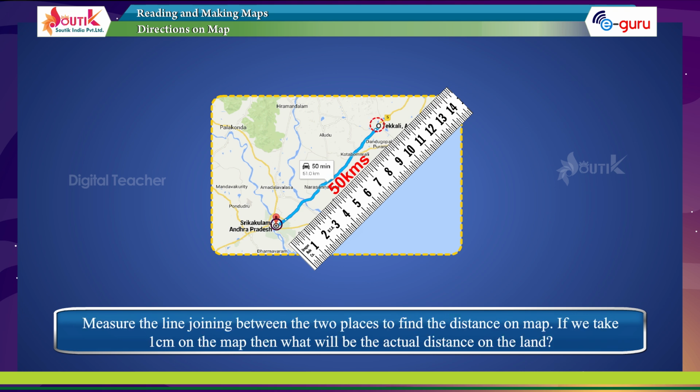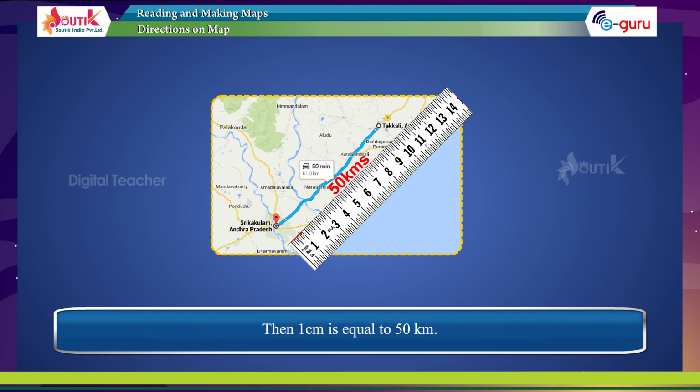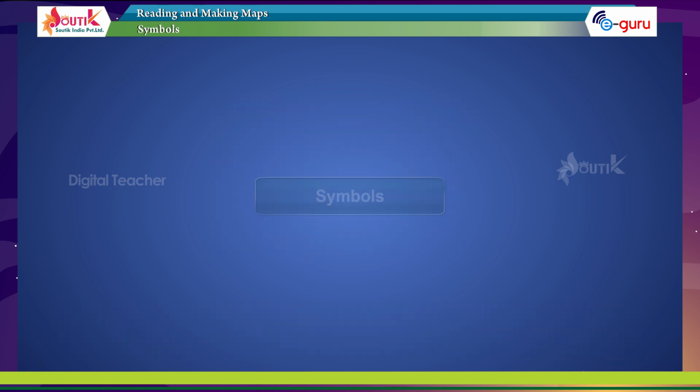Measure the line joining the 2 places to find the distance on the map. If we take 1 centimeter on the map, then what will be the actual distance on the land? Then 1 centimeter is equal to 50 kilometers.